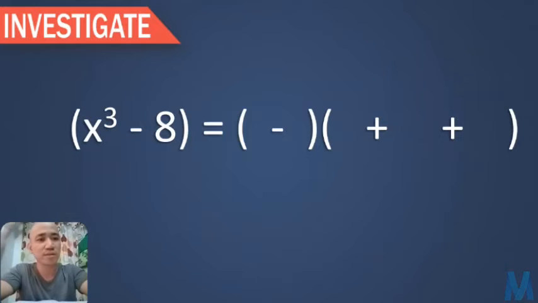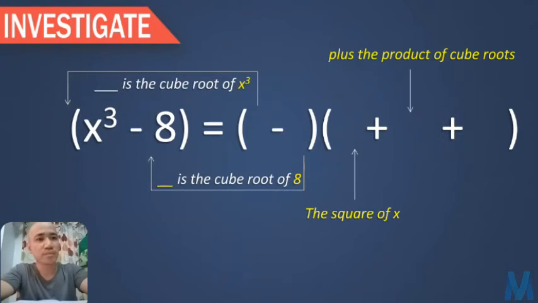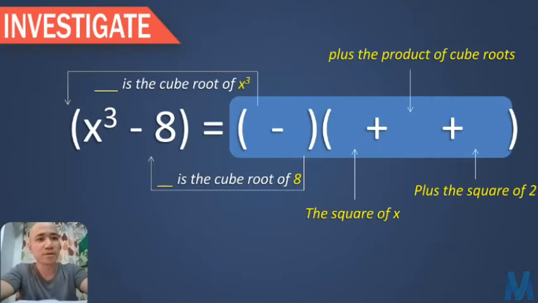Sa sulod naman sang dako nga parenthesis, we have duwa ka positive sign. Now we get the cube root of x cubed and the cube root of 8. Sa first parenthesis, sa gamay nga parenthesis na siya. For the second parenthesis, you get the square of x plus the product of cube roots sa second term plus the square of 2 sa last term. Okay?